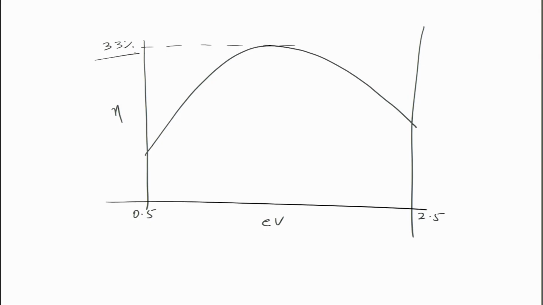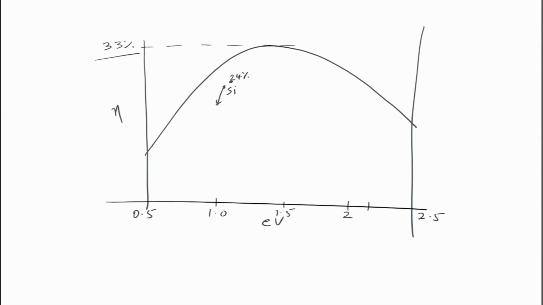Silicon is somewhere here, with a band gap of about 1.1, and copper indium selenide is a little lower than silicon.